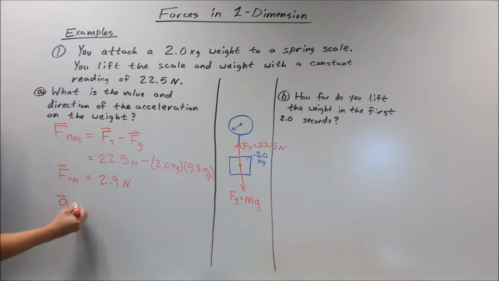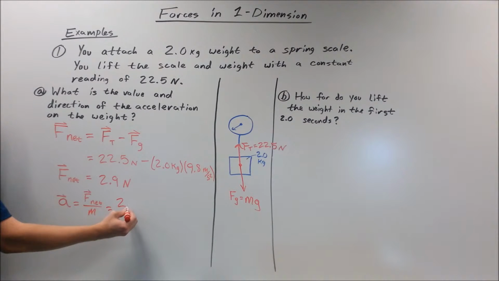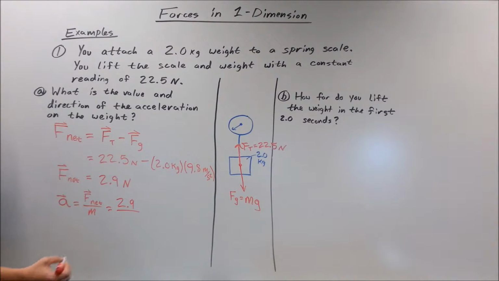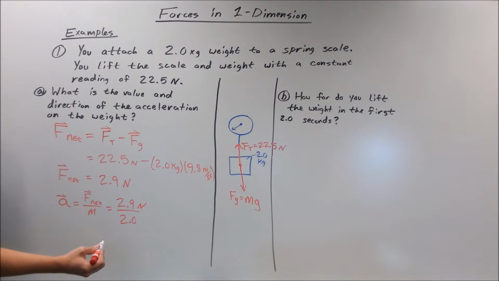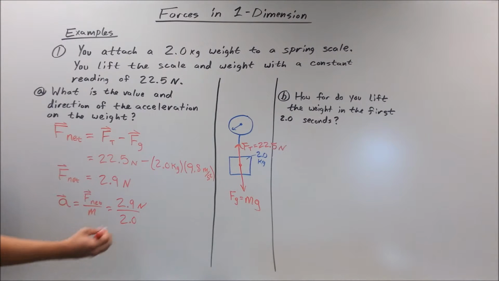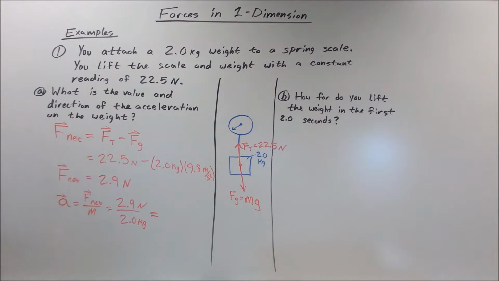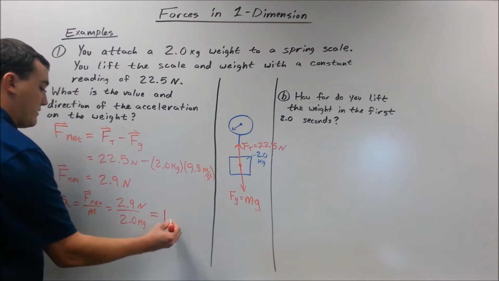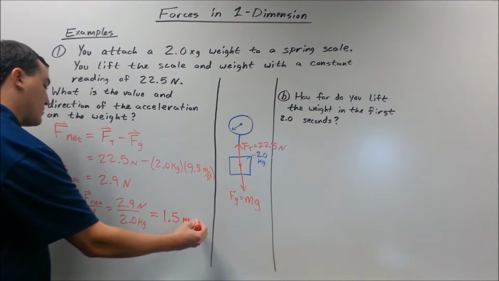The acceleration is just the net force divided by the mass of the weight. So we have 2.9 newtons divided by 2.0 kilograms, which is about 1.5 meters per second squared.